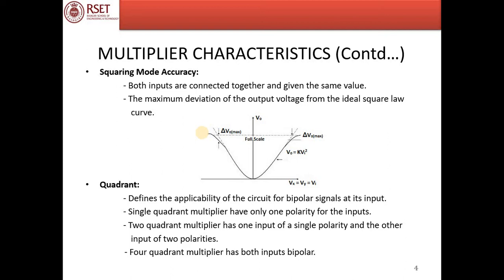So a single quadrant multiplier, both the inputs can have only a single polarity and it should be the same. For a two quadrant multiplier, one input can have only a single polarity and the other input can be positive as well as negative. For a four quadrant multiplier, both the inputs can be positive or negative. So these are some of the important multiplier characteristics.